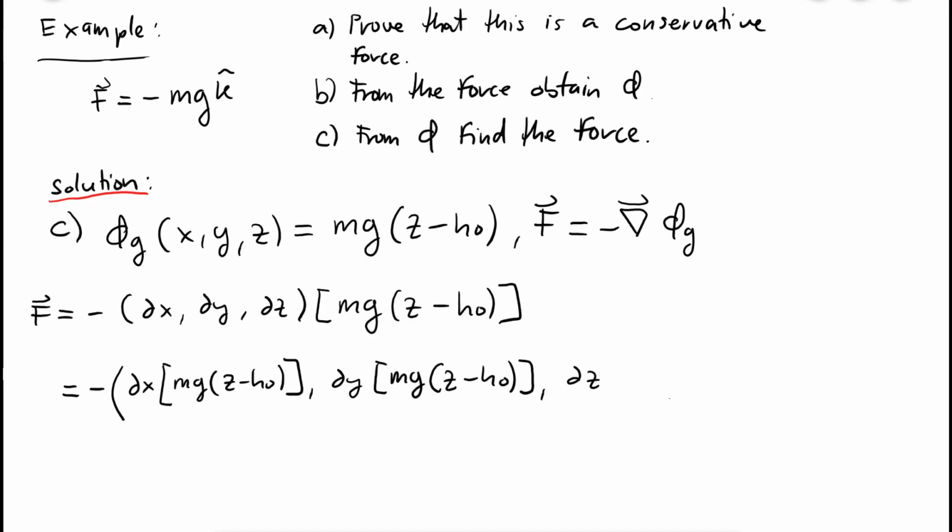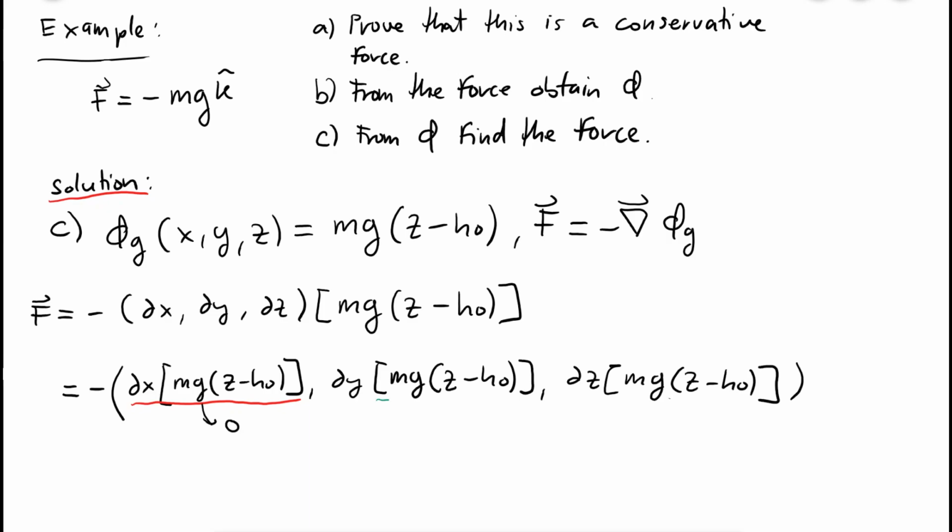Let's write it in a more consistent way. So this is of mg(z minus h0), and be careful to close all your brackets, and then you start taking the partial derivatives with respect to the different variables. Say for example you want to take the partial derivative with respect to x of this term, then since there are no x's in the expression for the function, this is 0.